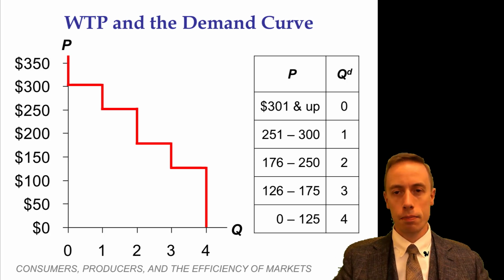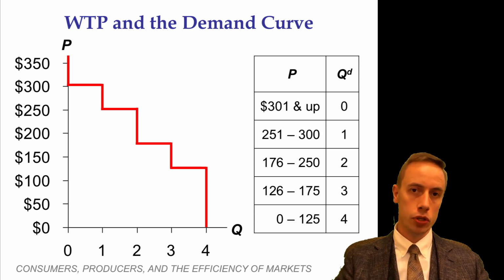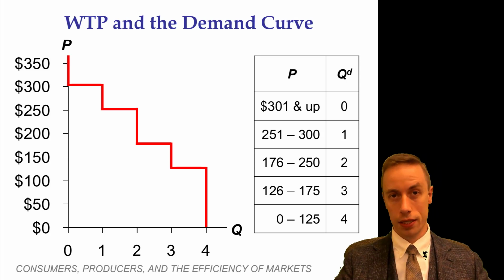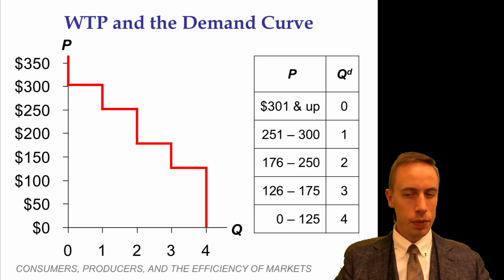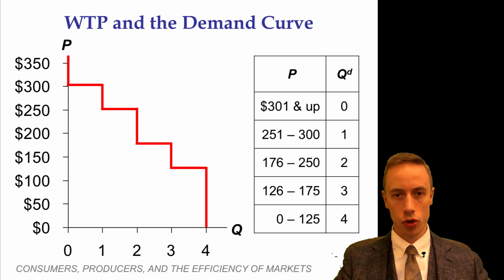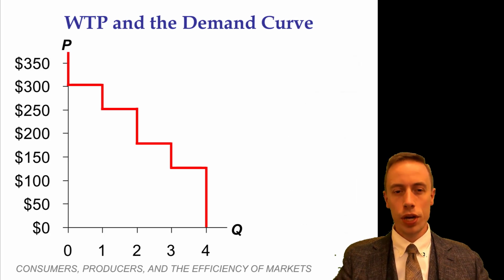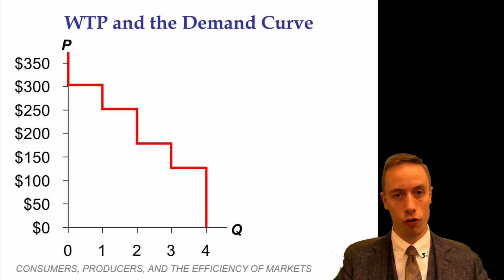Now remember, based on the information in the demand schedule, we were able to determine the willingness to pay of each of our buyers. We've now drawn that demand schedule as a demand curve. That means if I take away the demand schedule, we can figure out willingness to pay based on the information in the demand curve.